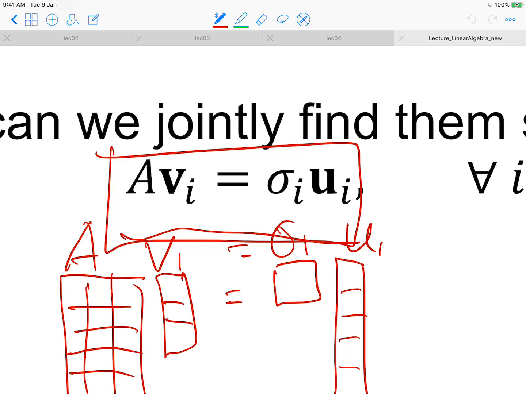By that I mean this fixed vector has a fixed direction. So this particular fixed directional vector is mapped into this fixed directional vector, but they are combined with some scaling factor. Okay, so that is our singular value, the meaning of the singular value.